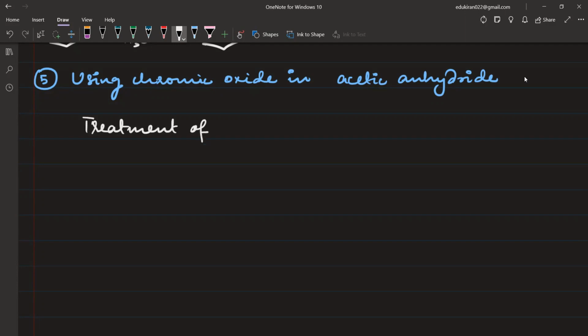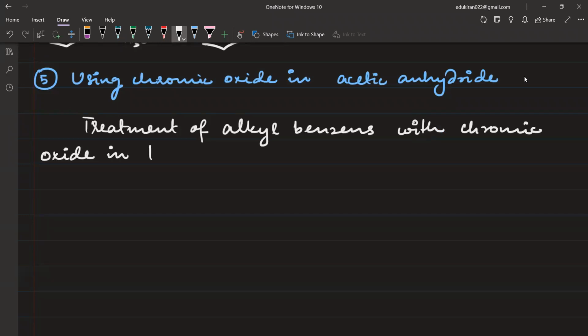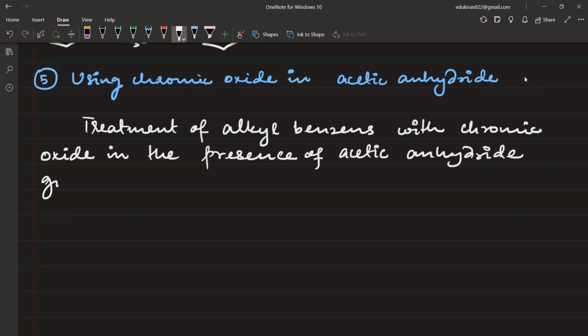Treatment of alkyl benzene with chromic oxide in the presence of acetic anhydride gives aromatic aldehyde.